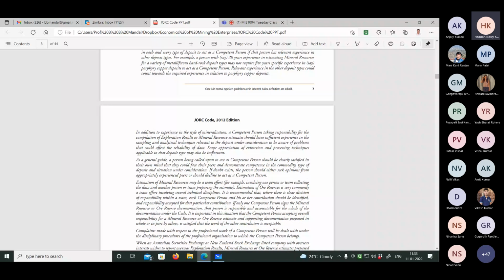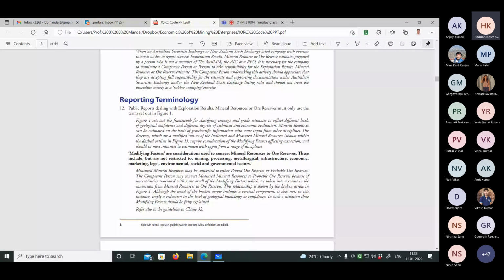That means it is basically a public reporting protocol in respect of the exploration results, mineral resources, ore reserves, and of course the economic and technical feasibility to attract business or continue in business.